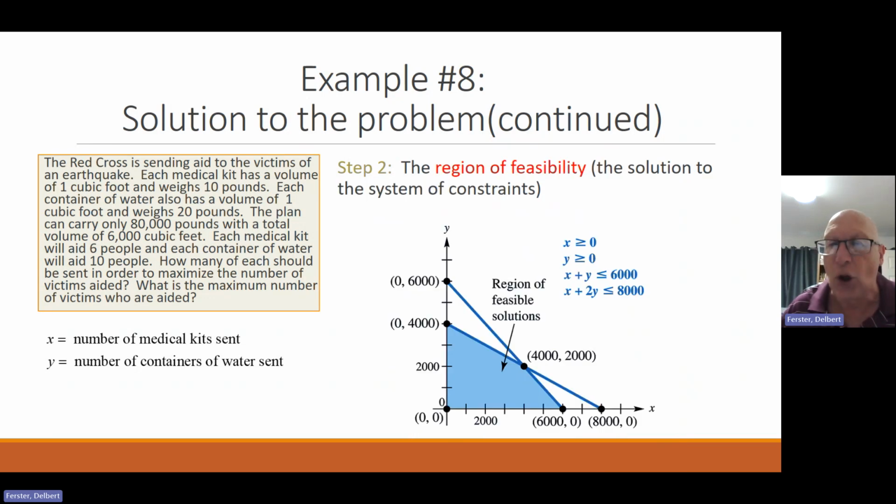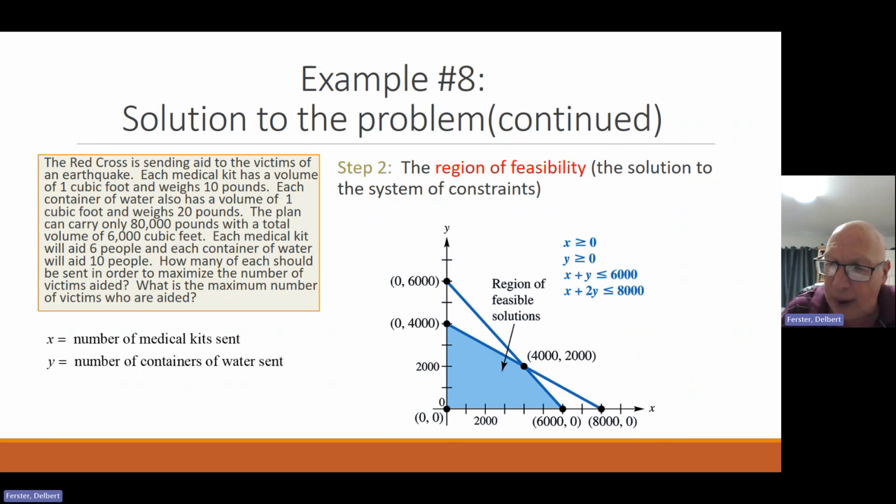All right. So here's the blow up. And what you find is that the blue shaded region is the area of the grid that picked up solutions or intersections, if you will, to the shadings of all 4 of the inequalities that comprised your system of constraints. So your next goal is to find the ordered pairs that are the end points of that region.